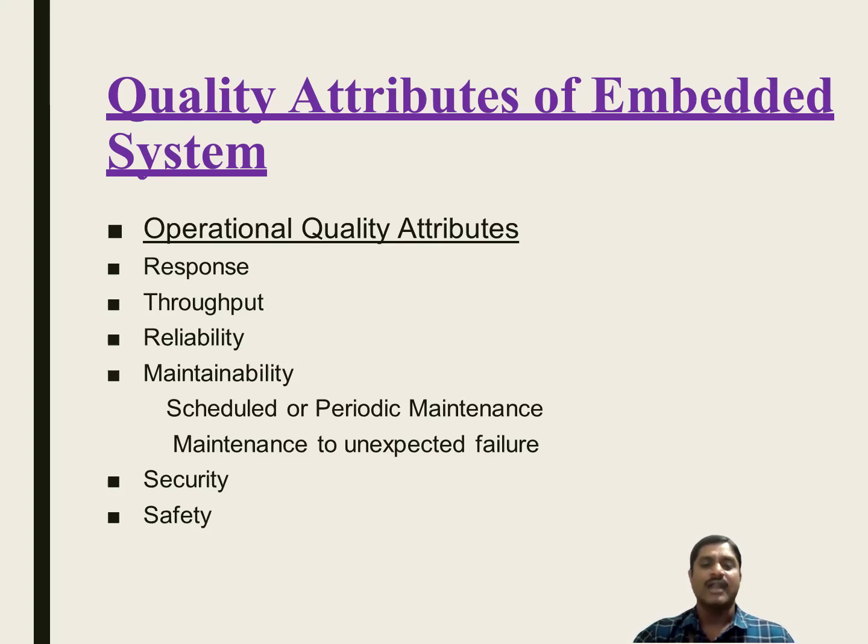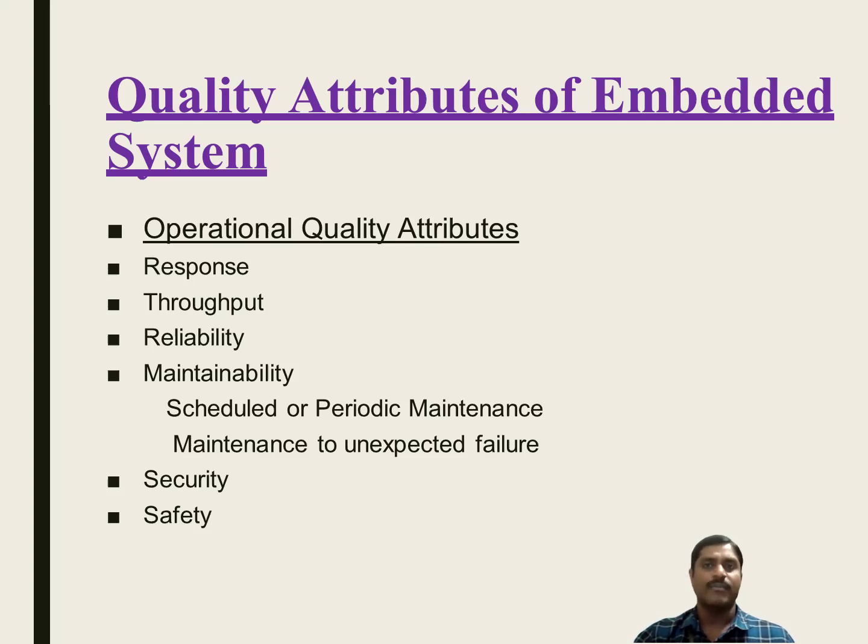Okay, and another operational quality attribute is reliability. What is reliability? It is a measure of how much we can rely upon the proper function of the system. Here we use the mean time between failure and mean time to repair. These terms are used in determining the system reliability.